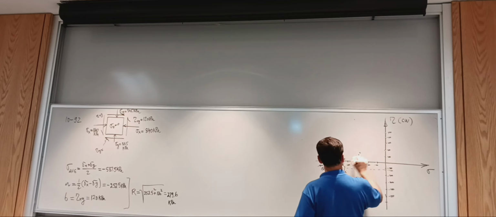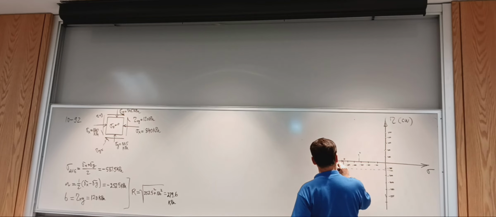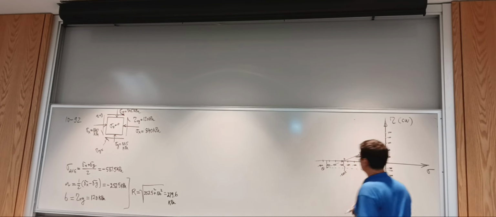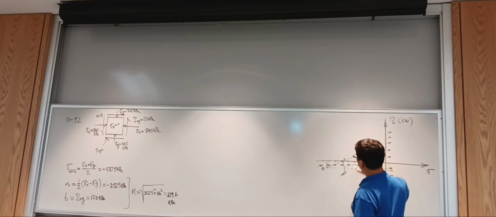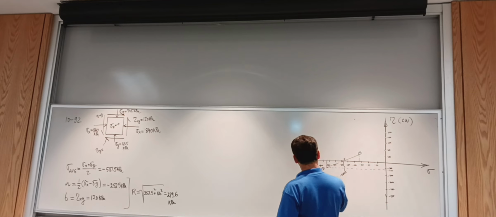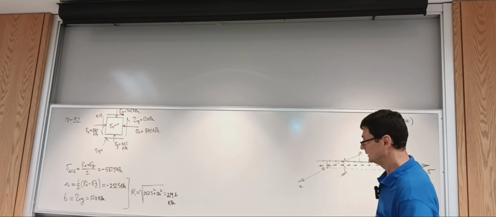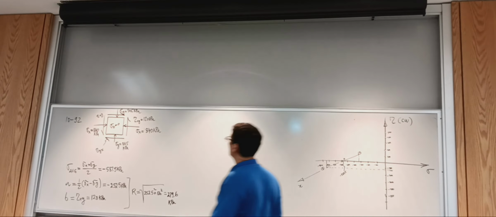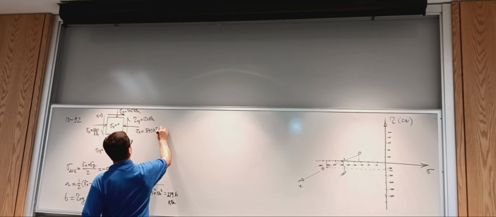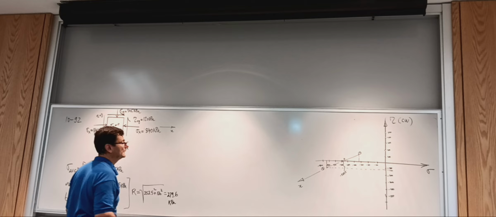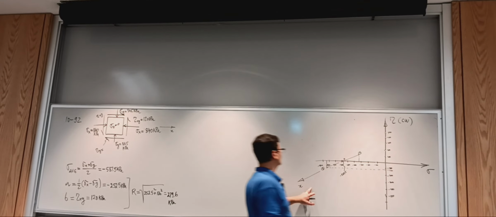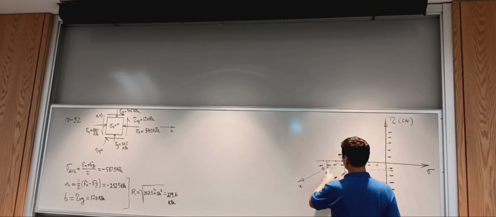And then I draw the diameter connecting points 1 and 2. The x-axis of the stress element on the circle is going to be the one that connects the center with point 1.